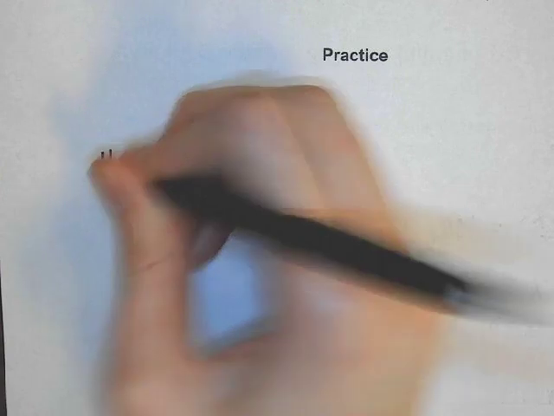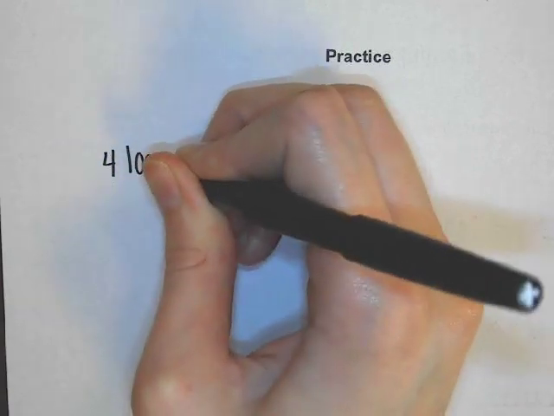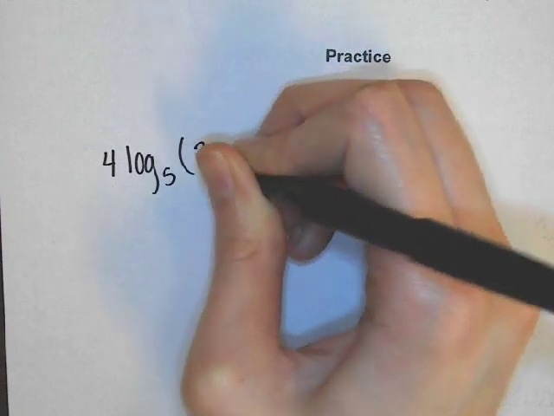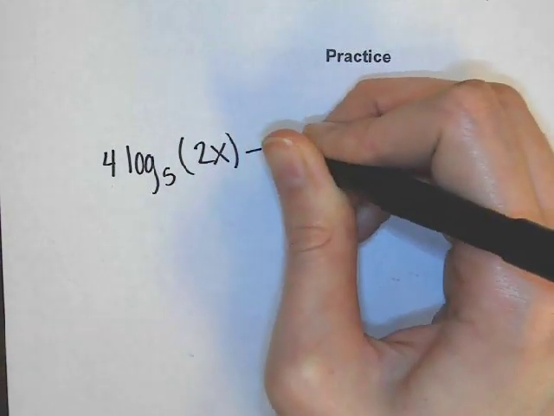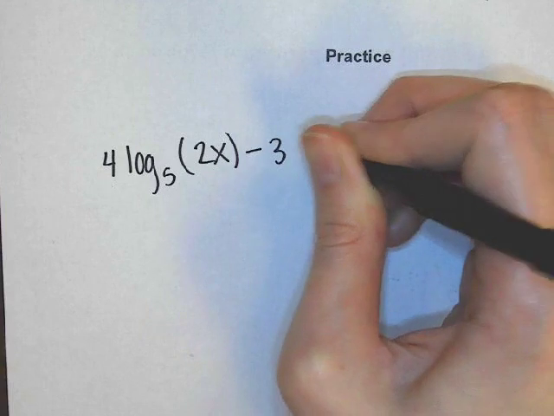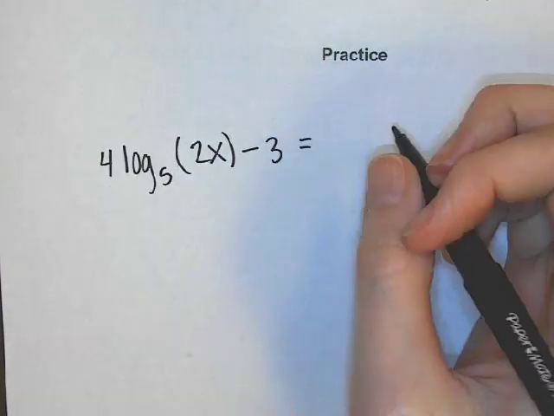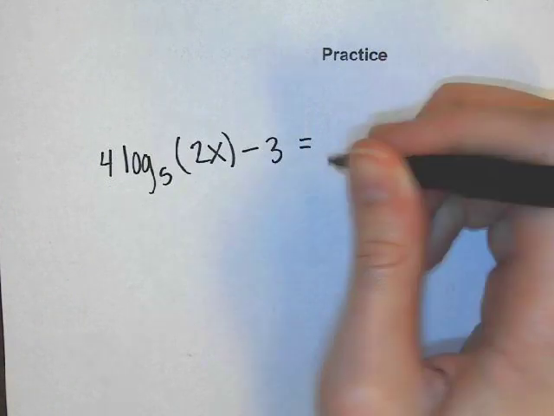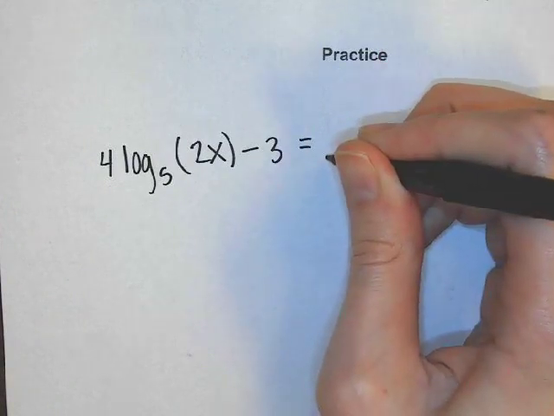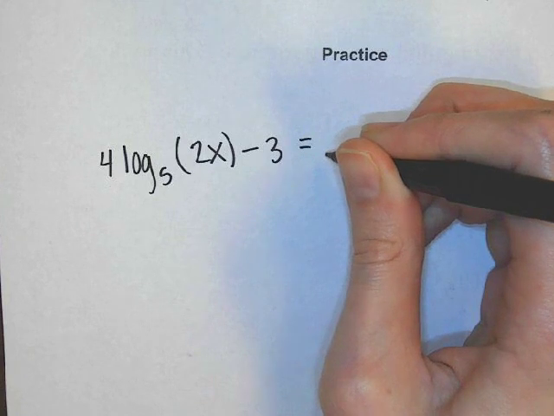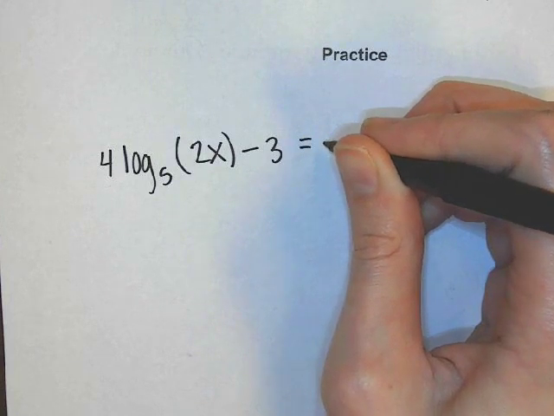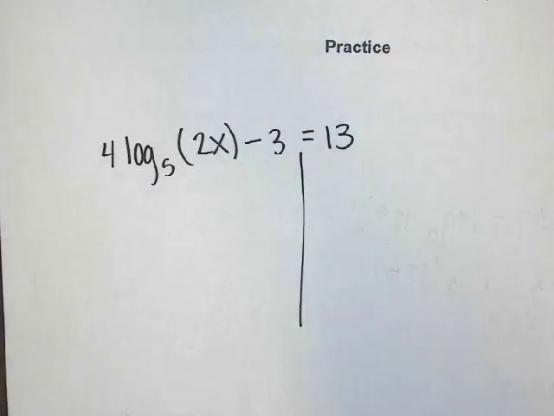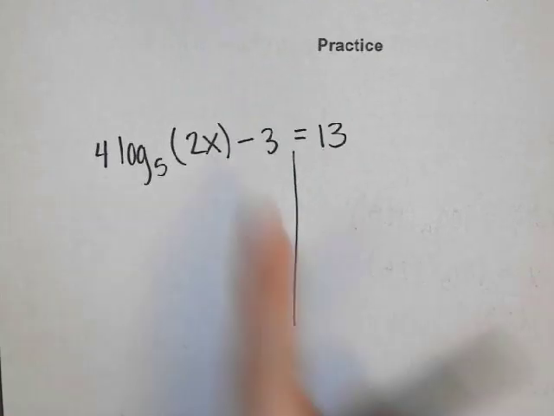Let's say 4 log base 5 of 2x minus 3 equals 13. That'll work. All right, so from here, again, we want to isolate that log.